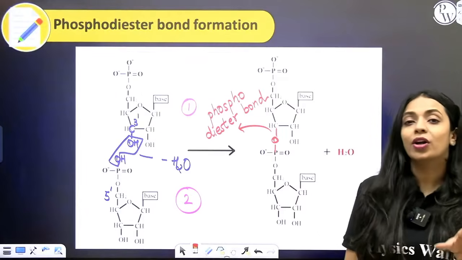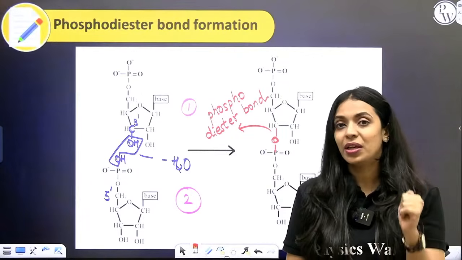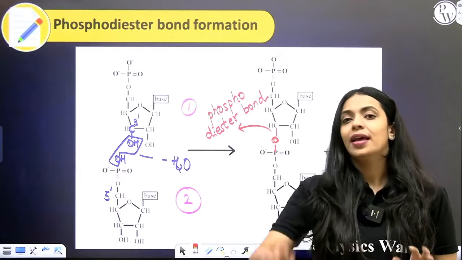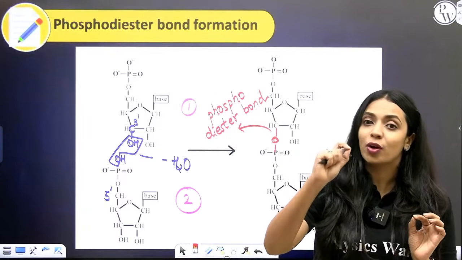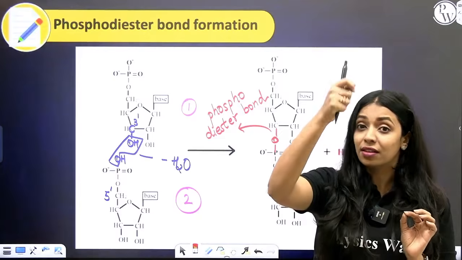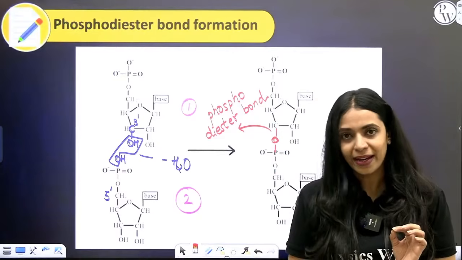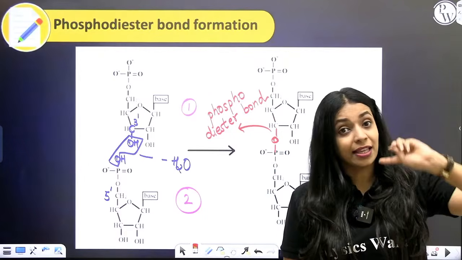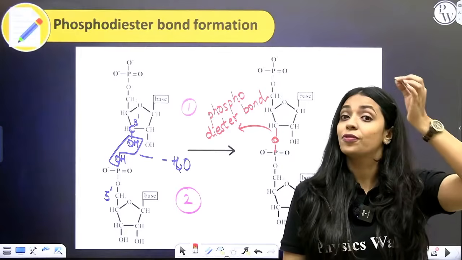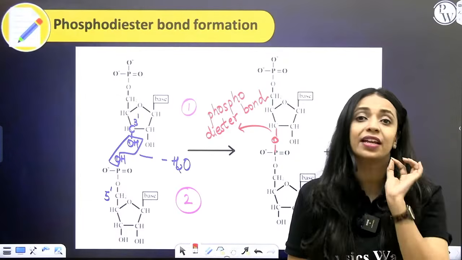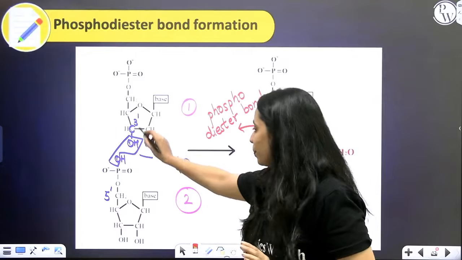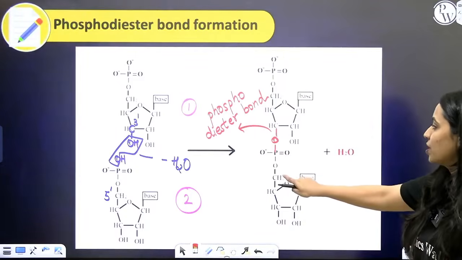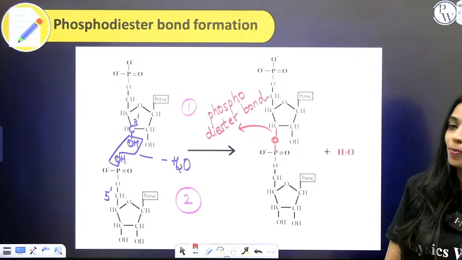Where exactly is the bond happening? It's happening between two hydroxyl groups: the hydroxyl group attached to the 3rd carbon in the first nucleotide and the hydroxyl in the phosphate attached to the 5th carbon of the second nucleotide. Between the 3' carbon and 5' carbon, a bond is forming. That is what a phosphodiester bond formation is.